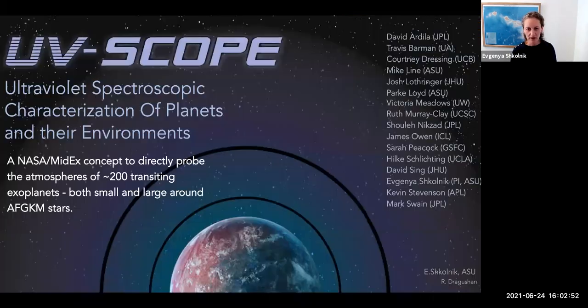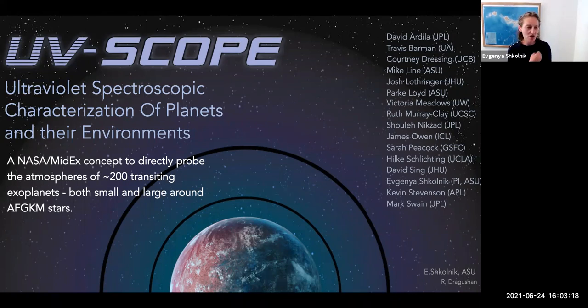Now, the second mission is one that's under development. We're working to propose this to the upcoming MIDEX call with JPL. It's called UV Scope. It's the ultraviolet spectroscopic characterization of planets and their environments. The goal there is to actually do transmission spectroscopy in the UV of all sorts of planets, large and small.